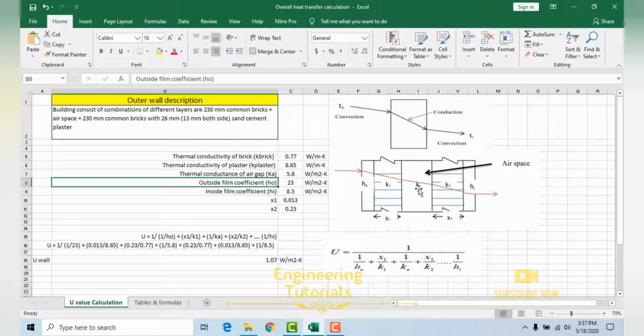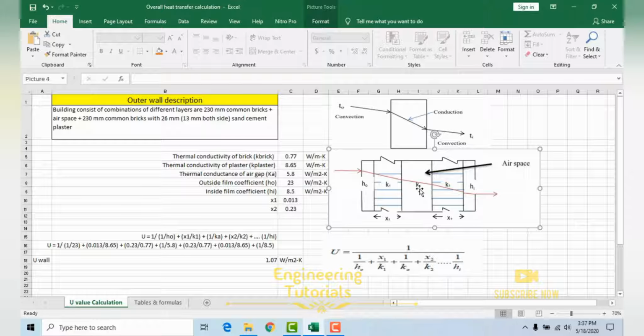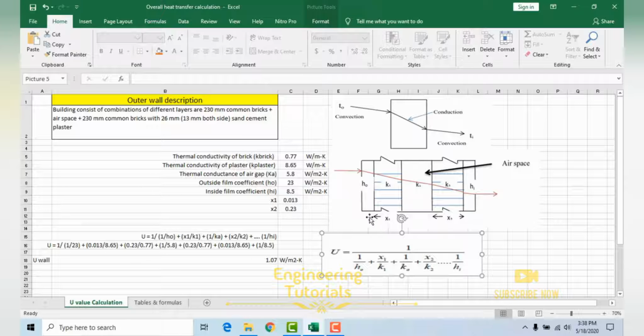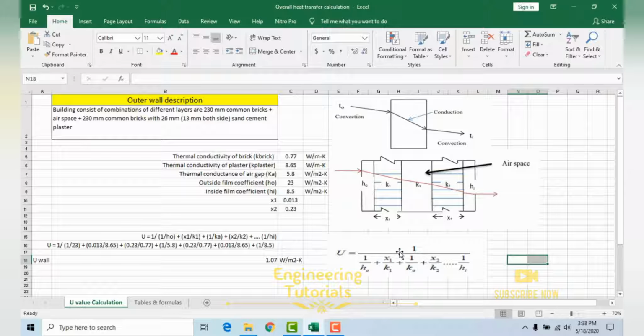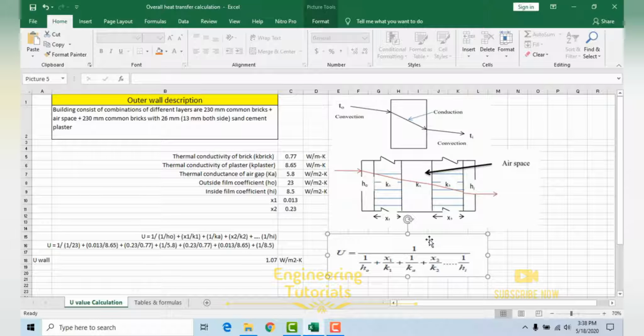Then we have Ka, that is the air space or air gap over here, and then we have K2 representing the second brick over here, that is 230 mm. Then Hi is the inside film coefficient. So this is the general formula which we basically use to calculate the overall heat transfer coefficient U value.